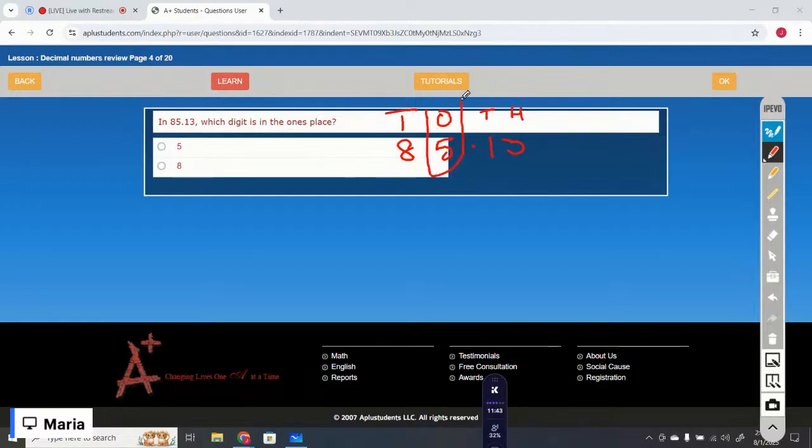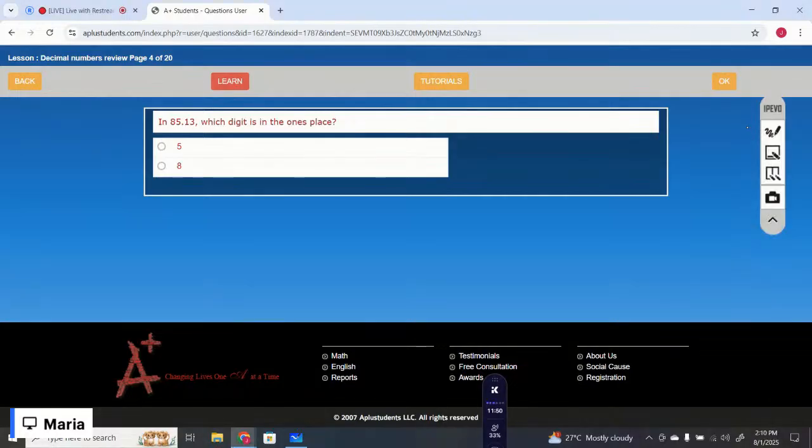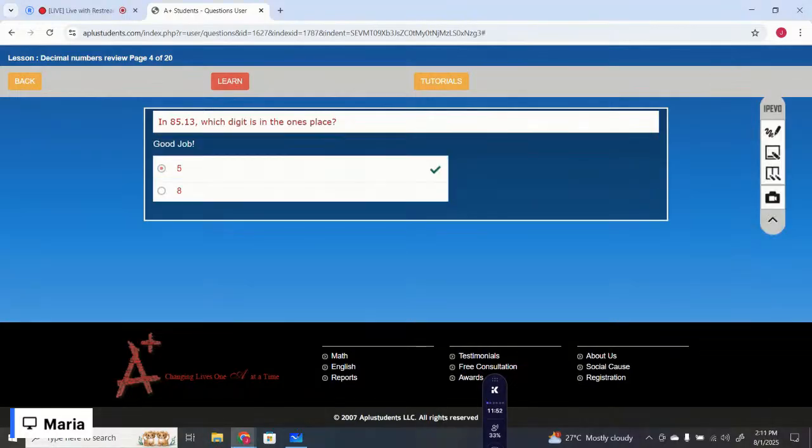So 5 is at the ones place. The correct option is option number 1. 5 is at the ones place.